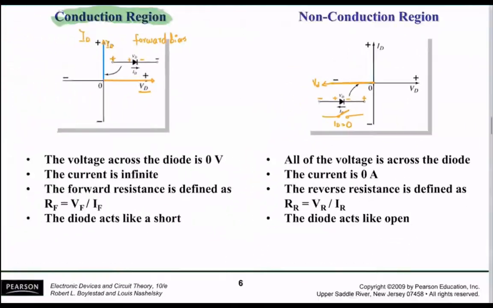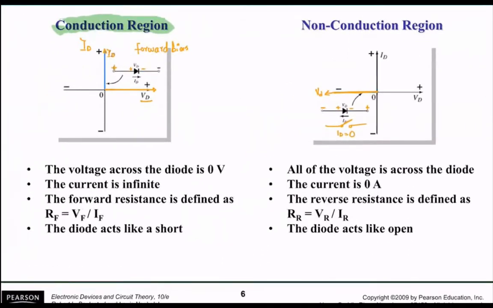So what do we learn from this? If you look on the left, in the conduction region, the voltage across the diode is 0 volts. Okay, the voltage here is 0, and it will simply conduct electricity, like shoot. The current is infinite.